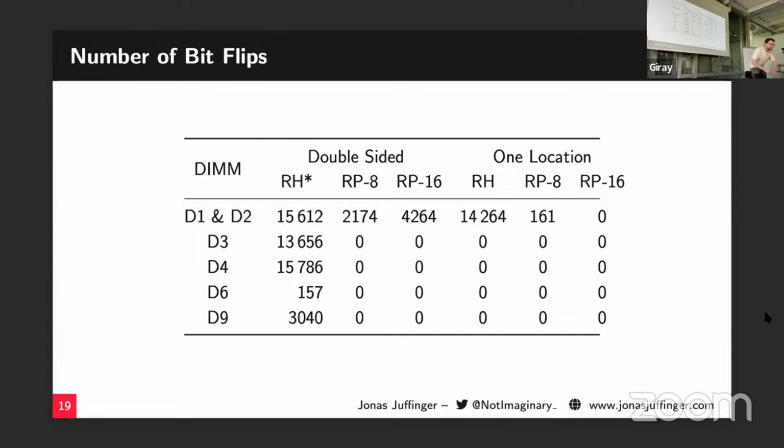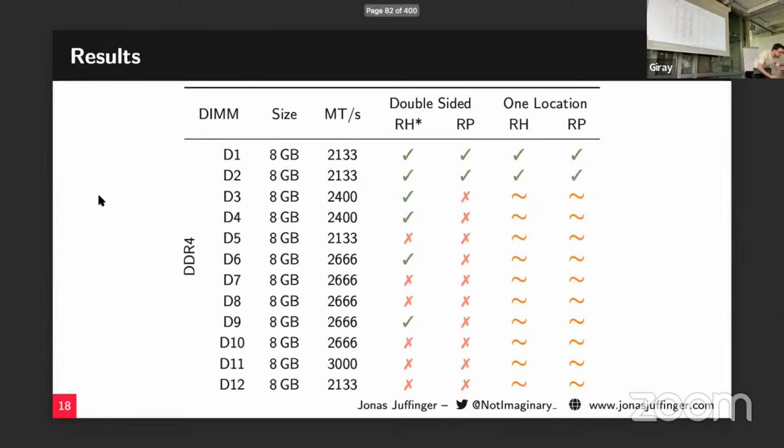Perfect. Okay. My question was from the previous slide. Common bit flips, yeah. This one? Yes. So that's not the common, that's just where we reproduce bit flips in general. When we didn't see any bit flips when hammering double-sided, we didn't even try one location because we typically see fewer bit flips when doing one location.